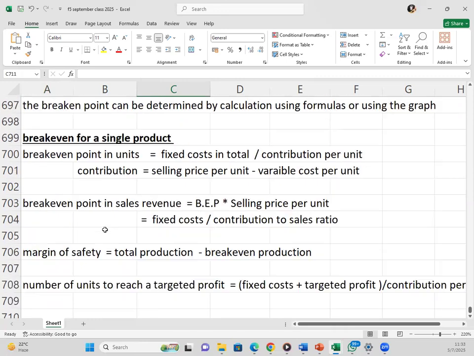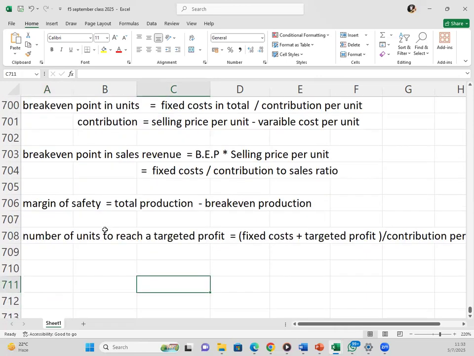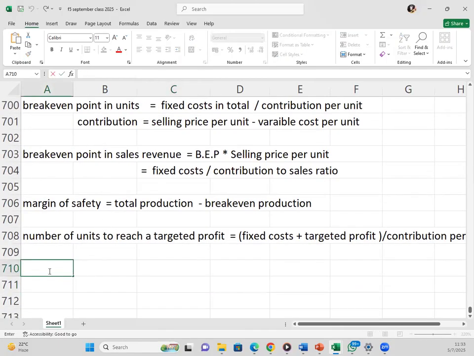So this was for a single product. Now let's look at multiple products.